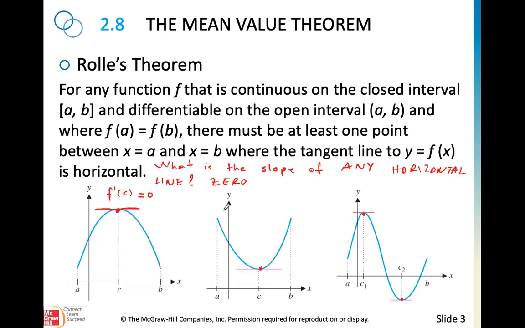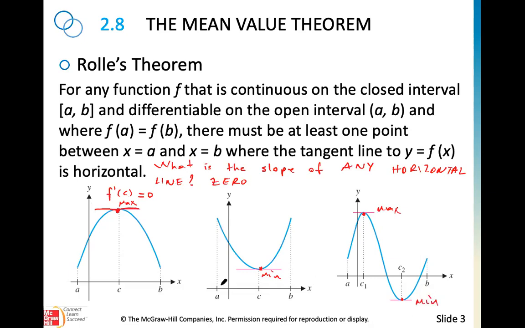We will discuss this later. Where the function gets its maximum or its minimum, these are the critical points. So the function gets its maximum or minimum if you have a horizontal line. Here it is max, and here it is min.